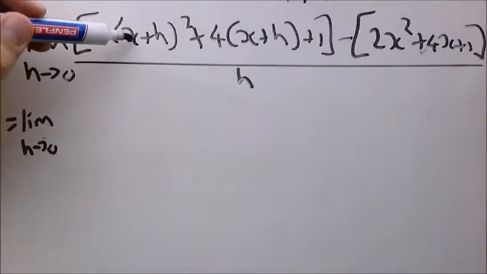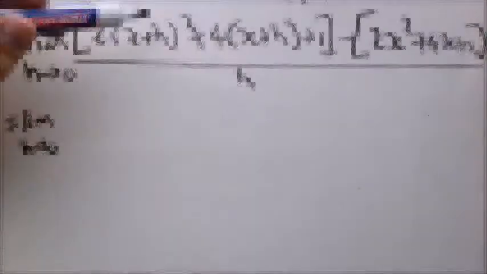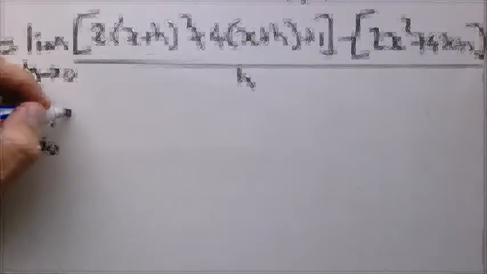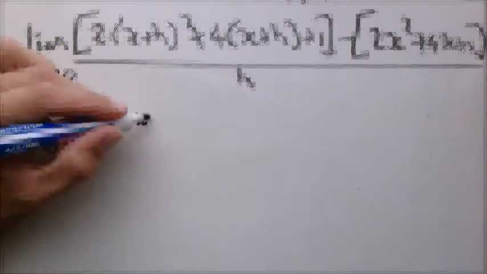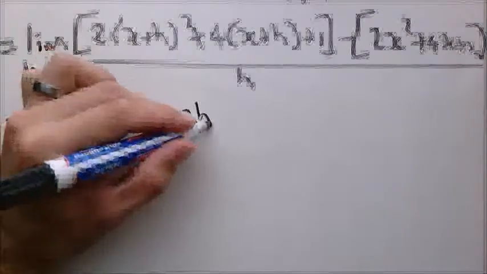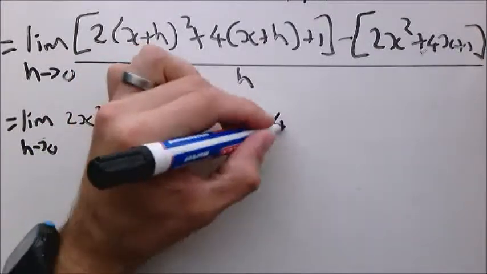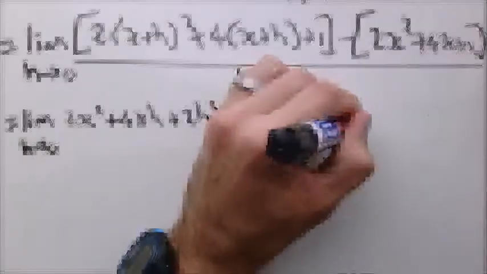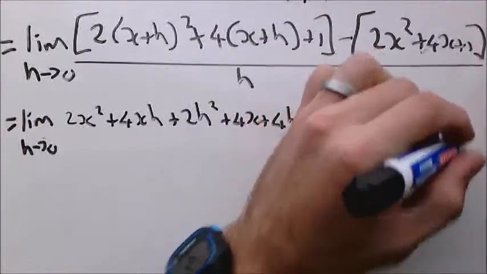So (x + h) squared becomes x squared + 2xh + h squared. I'm going to multiply the 2 in directly already. So it's going to be 2x squared + 4xh + 2h squared + 4x + 4h + 1 minus 2x squared minus 4x minus 1.